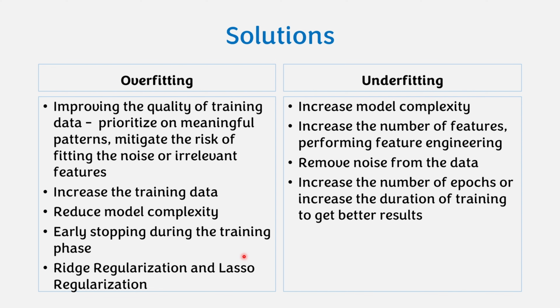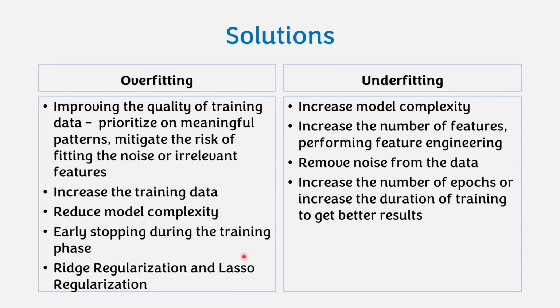Also, you can increase the training data and reduce the model complexity. You can also add early stopping during the training phase, and employ techniques such as regularization and lasso.